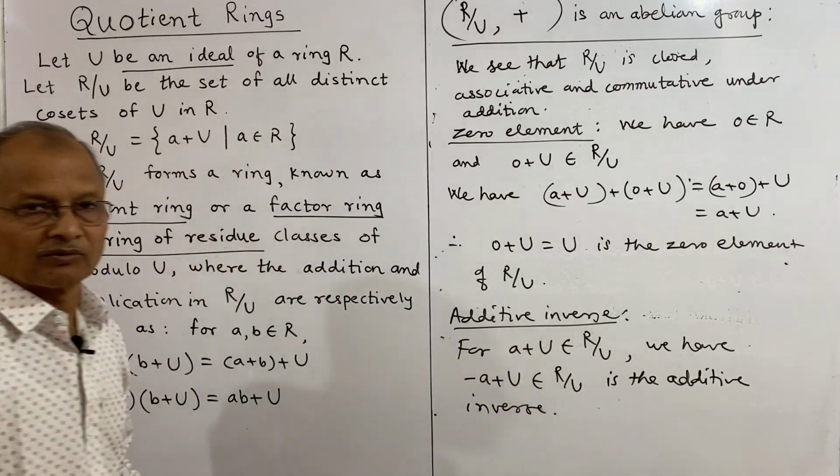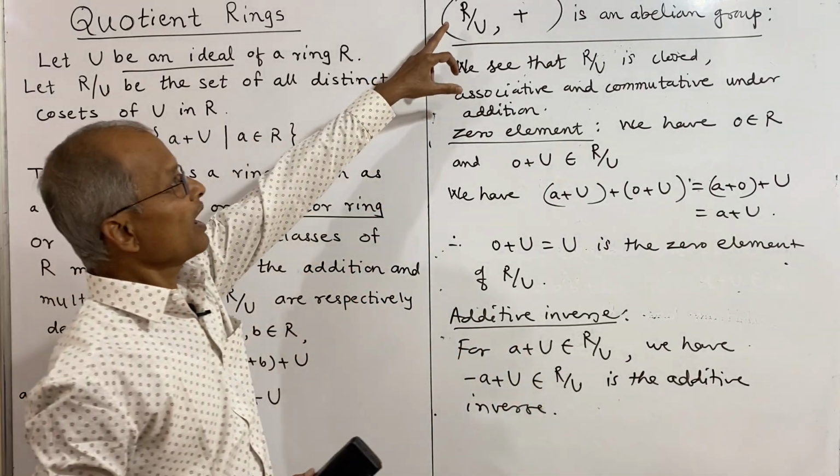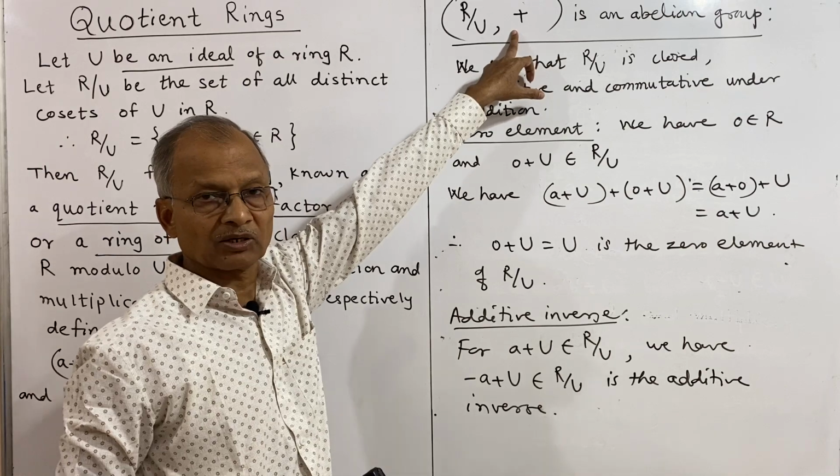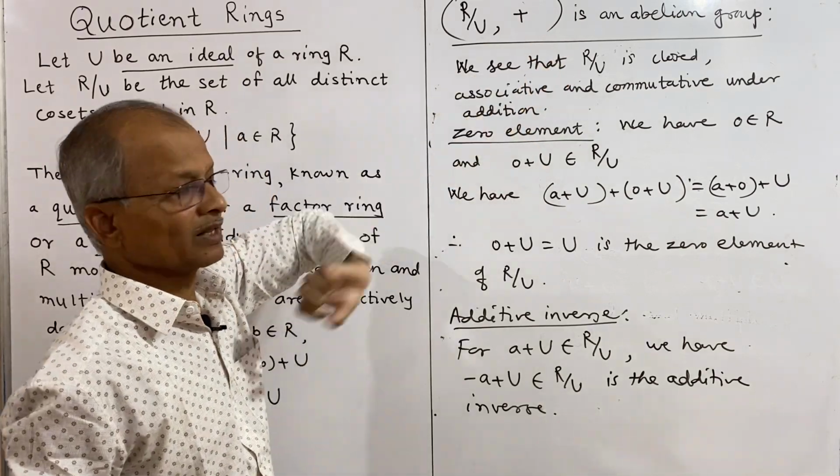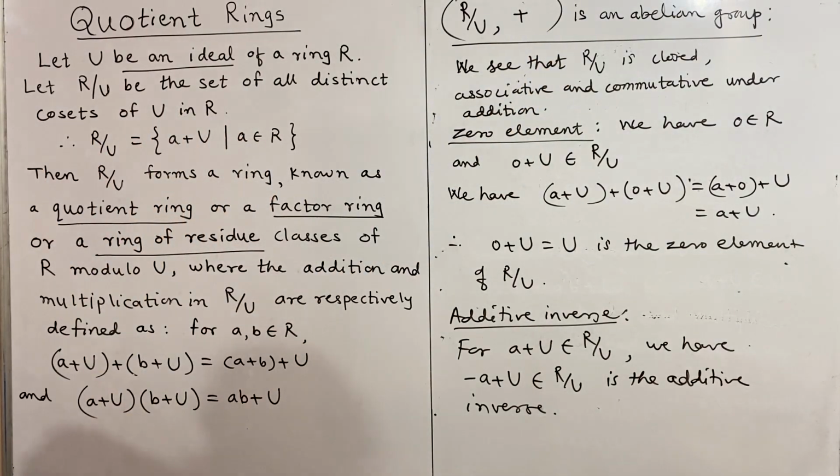So these are additive inverses of each other, and thus this proves R by U with respect to addition operation is an abelian group. Now the remaining properties of multiplication.